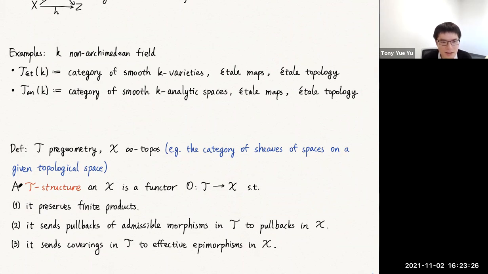Now, a T-structure on X is a functor O from T to X such that it preserves finite products, it sends pullbacks of admissible morphisms in T to pullbacks in X, and it sends coverings in T to effective epimorphisms in X. An effective epimorphism is just the right notion of epimorphism in this infinity categorical setting.